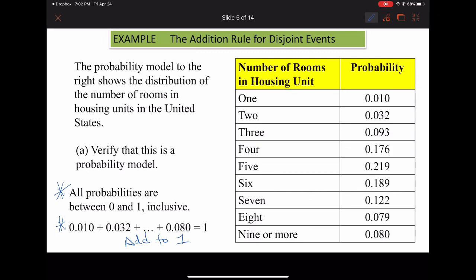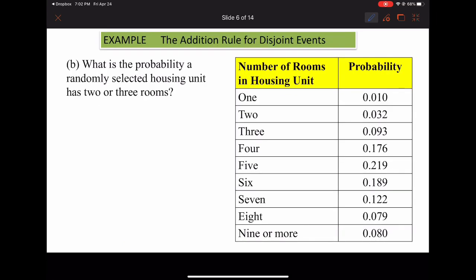It'll clearly not be a probability model in a question if I give you one, and I'm going to make sure that they add up to exactly 1. But when you're checking your own work, if it's slightly off, that's okay. When you're showing your work on the test, make sure you write down slight variation due to rounding or something like that. Write something on there so that I know that you understand what you're doing.